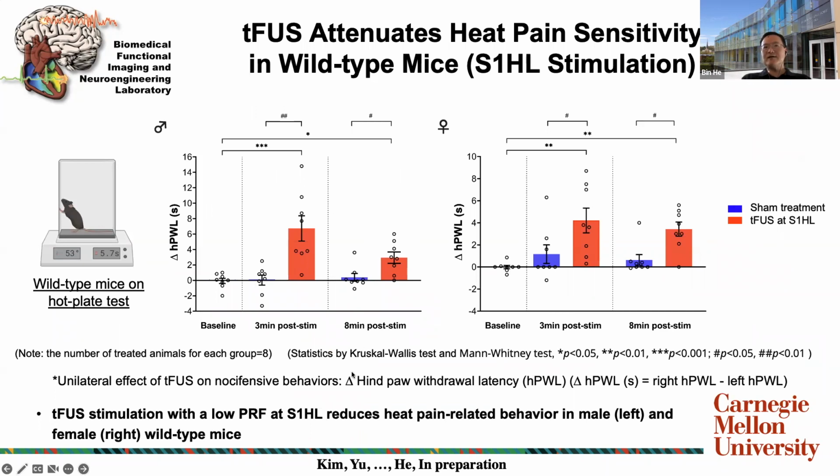We tried the wild type mice first, and you can see that at 3 minutes after stimulation or 8 minutes after stimulation, in both male and female mice, we see a statistically significant decrease in pain sensitivity following ultrasound stimulation.